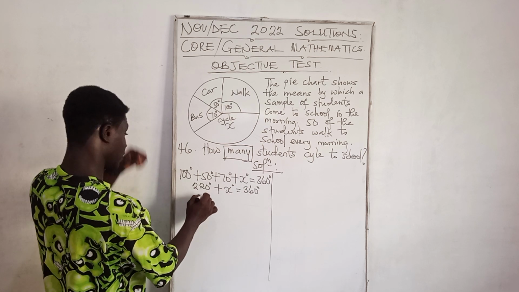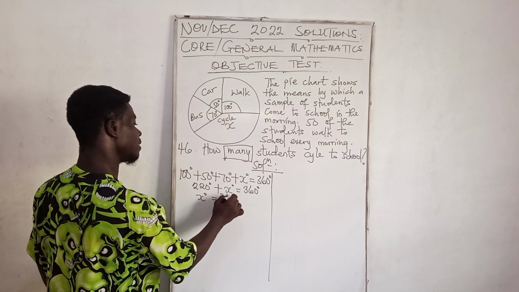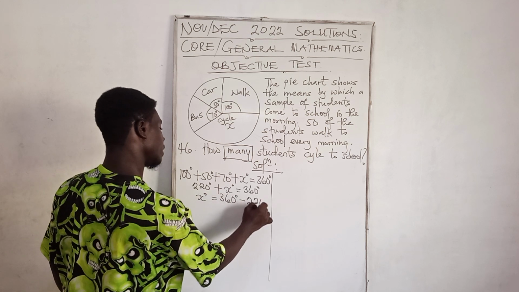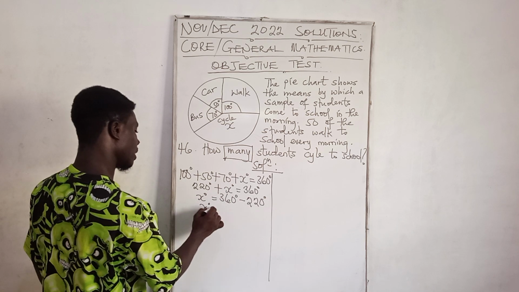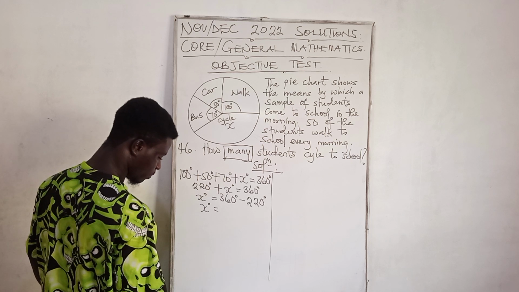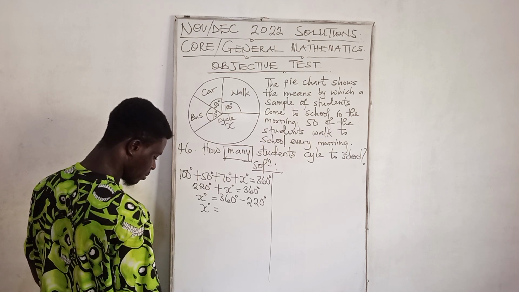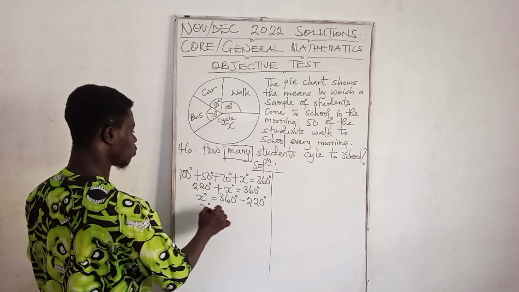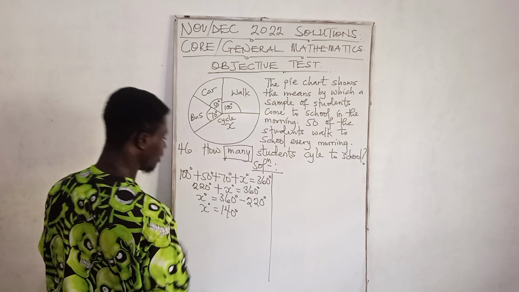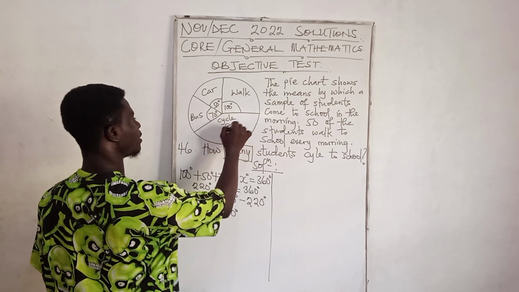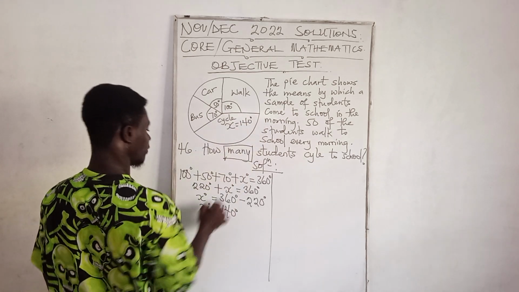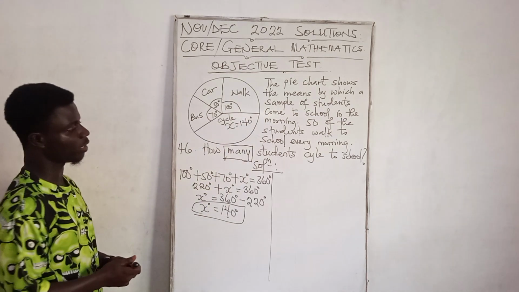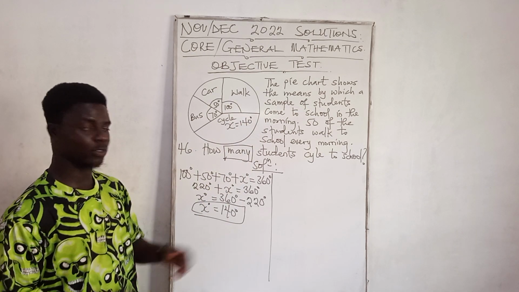So x degrees equals 360 degrees minus 220 degrees, which is 140 degrees for cycle.